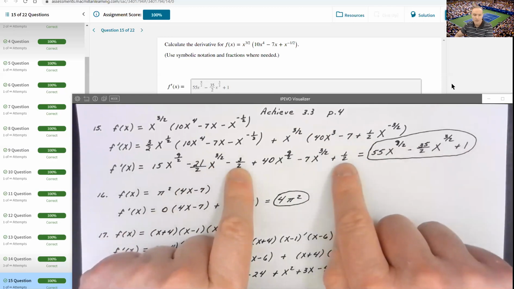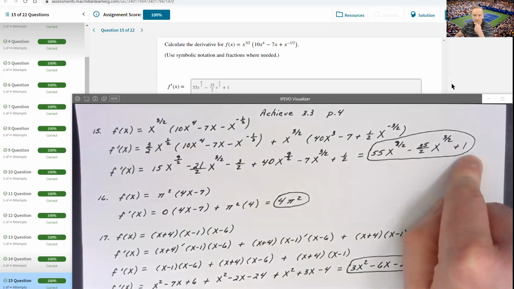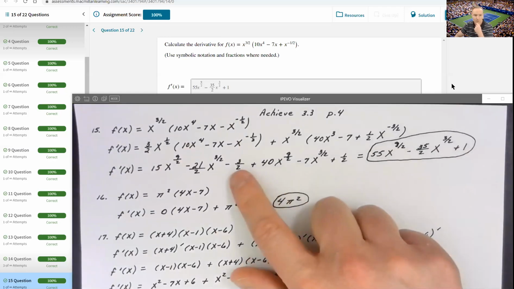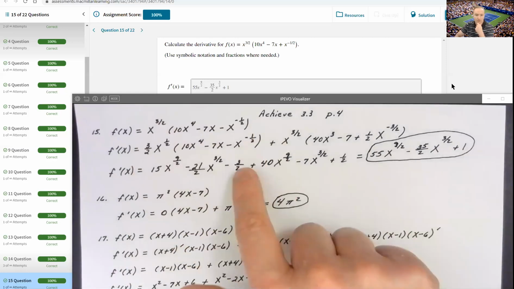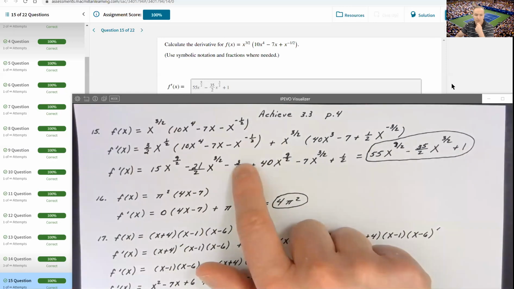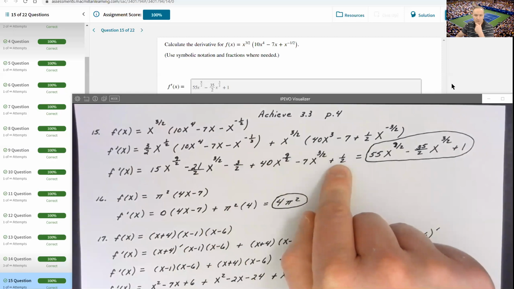Should be, let's see here, guys. According to this, it should be minus 1, and I have a plus 1, and Achieve accepted my answer. Let's see. It would be a negative 3 over 2 there. And then I have plus 1/2.